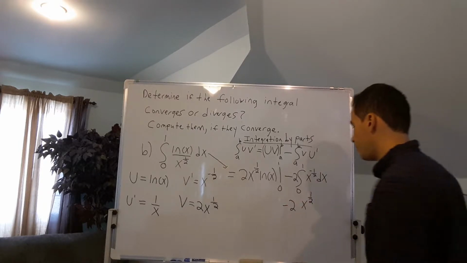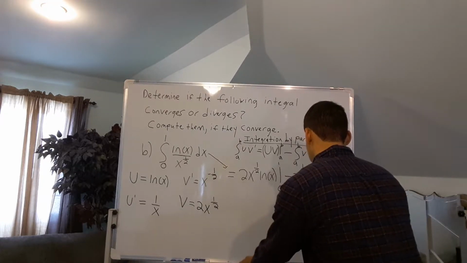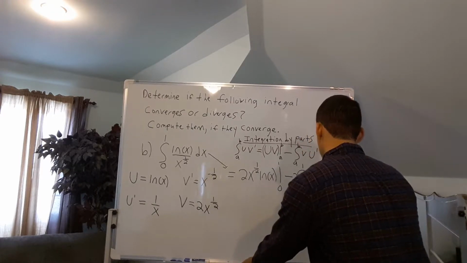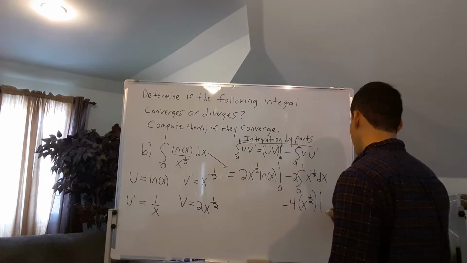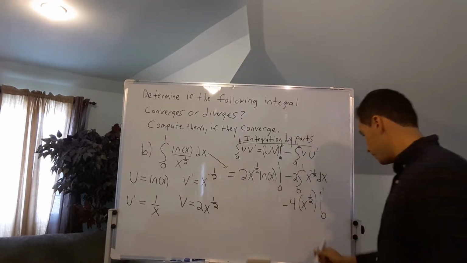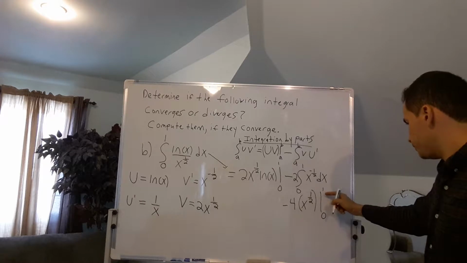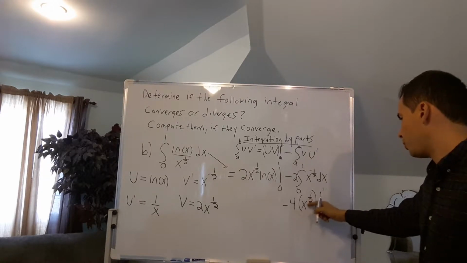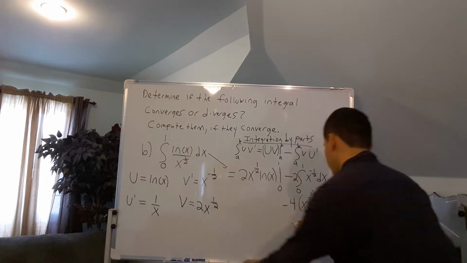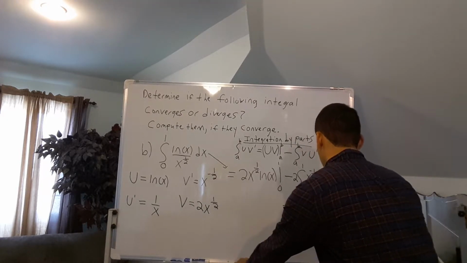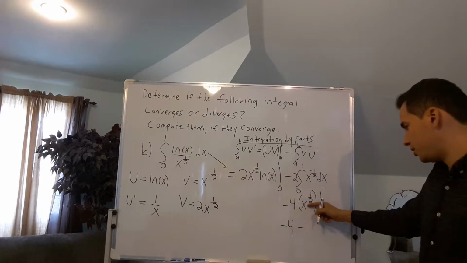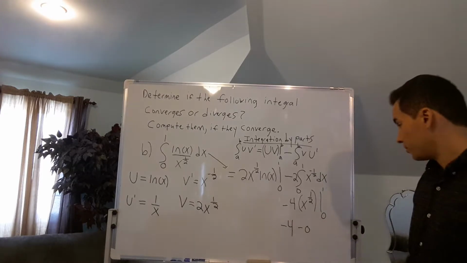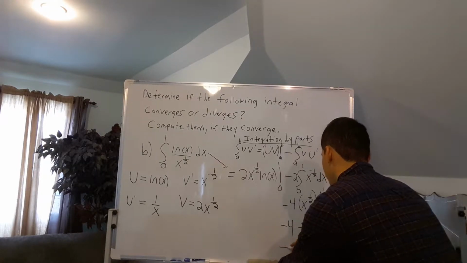So this will become minus 4 x to the 1/2, and then we evaluate it between 0 and 1. We plug in 1 here: 1 to the 1/2 power is 1, times negative 4 is negative 4. Minus, and then you plug in 0. The square root of 0 is 0, so this part is going to be 0. So all of this part comes out to be minus 4.